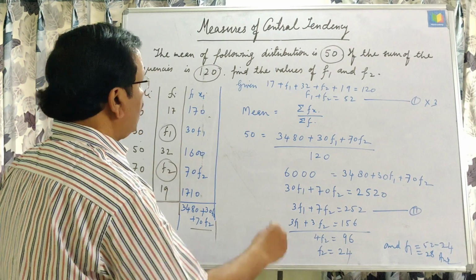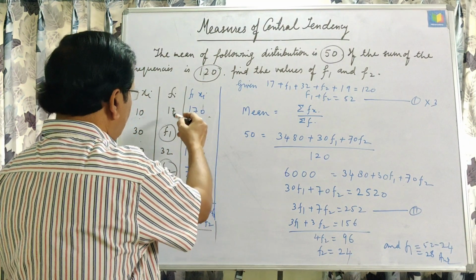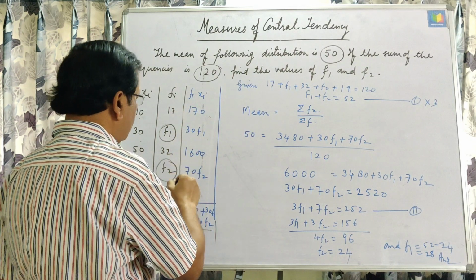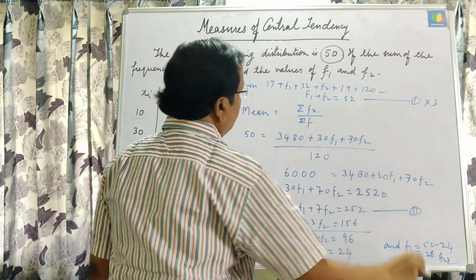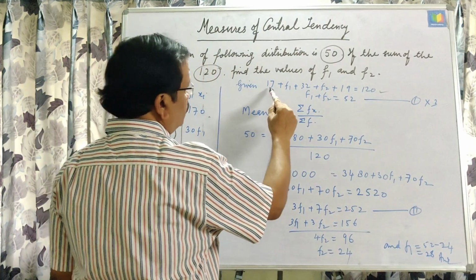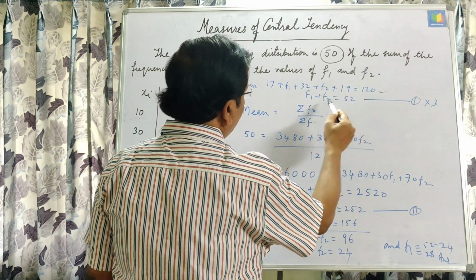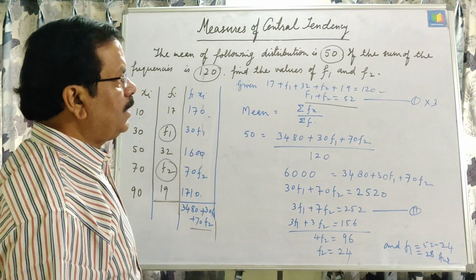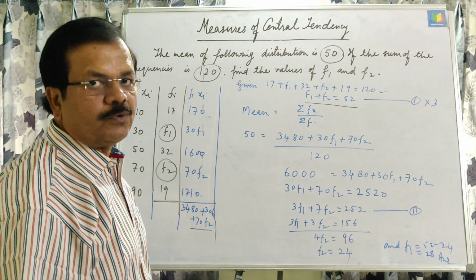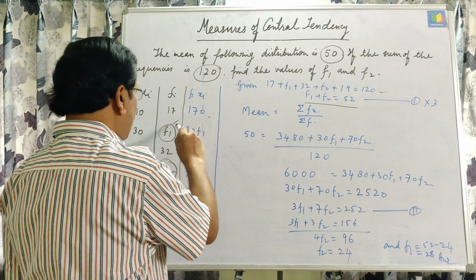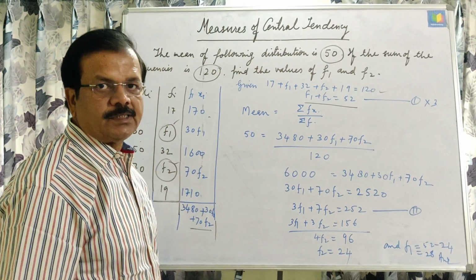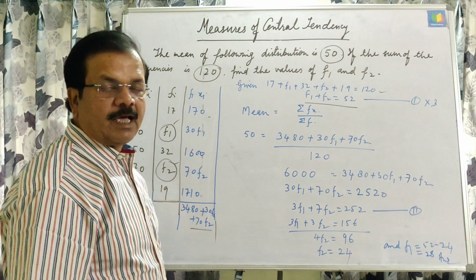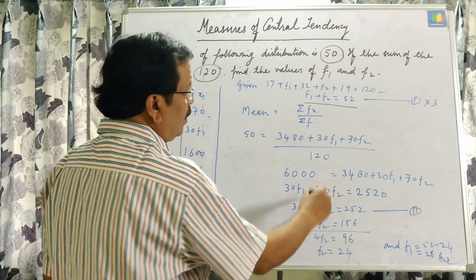Now here we are given the sum of the frequencies. I have written here 17 plus F1 plus 32 plus F2 plus 19 is equal to 120. This is given, and transposing to that side we get one equation in terms of F1 and F2, that is F1 plus F2 is equal to 52. Because two variables are unknown, two equations are required for solving, as we know from the concept of simultaneous linear equations: as many equations as the number of variables.